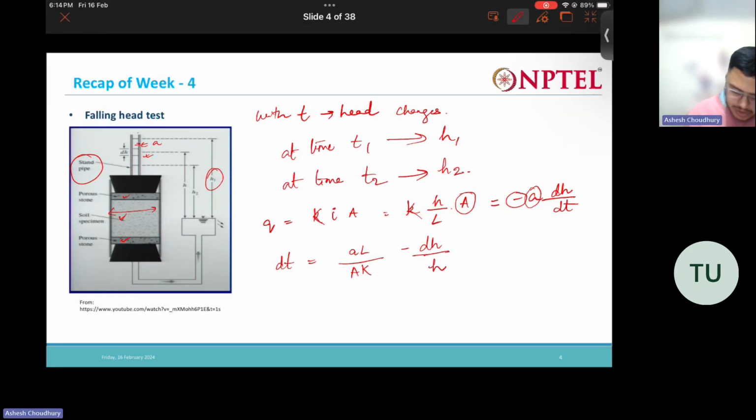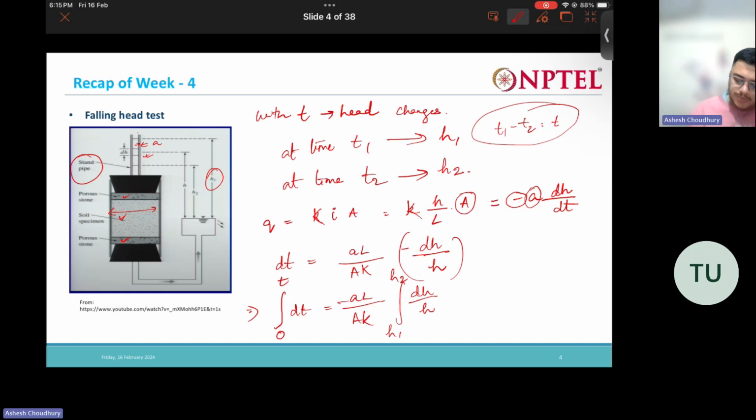The time initially was 0, and it goes up to time t, the total time elapsed from the start of the experiment to the end. So t goes from 0 to t, and h goes from h1 to h2. So t2 minus t1 is nothing but t.